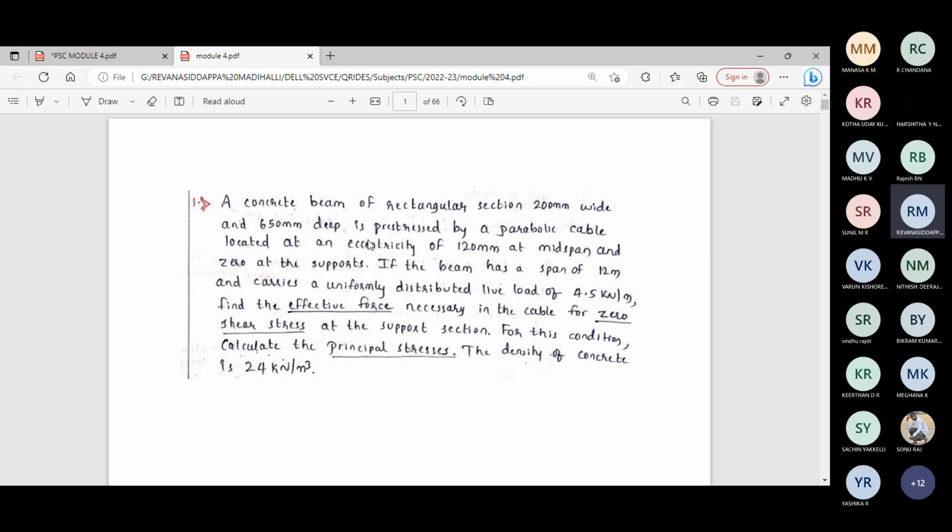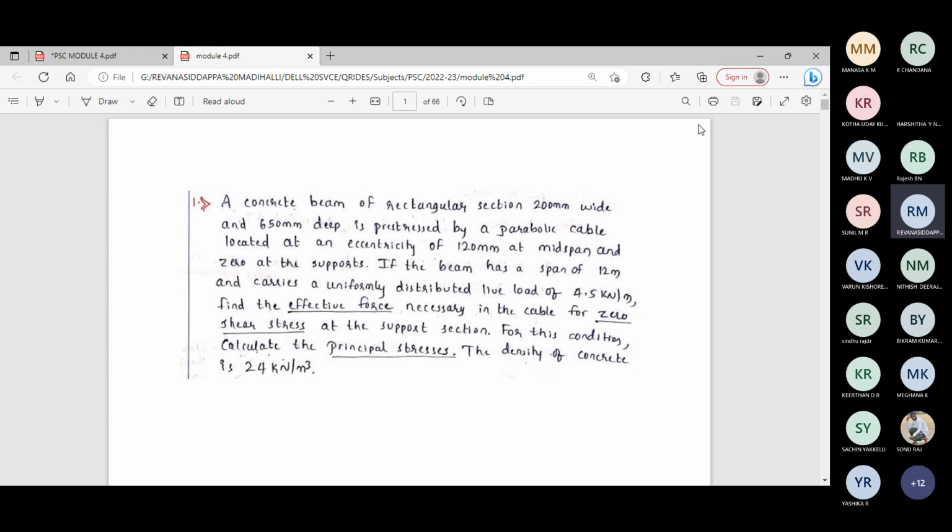There will not be any theory questions. You just go through the problem.